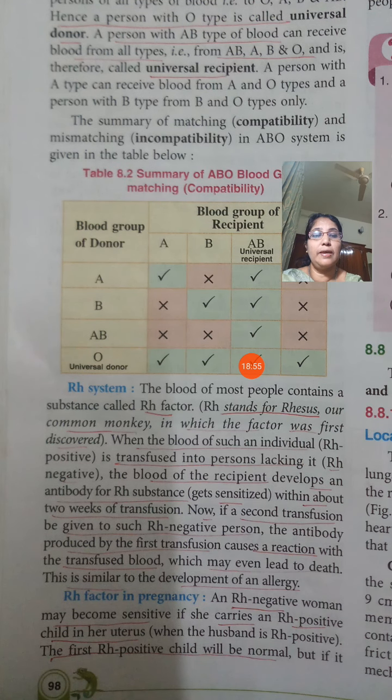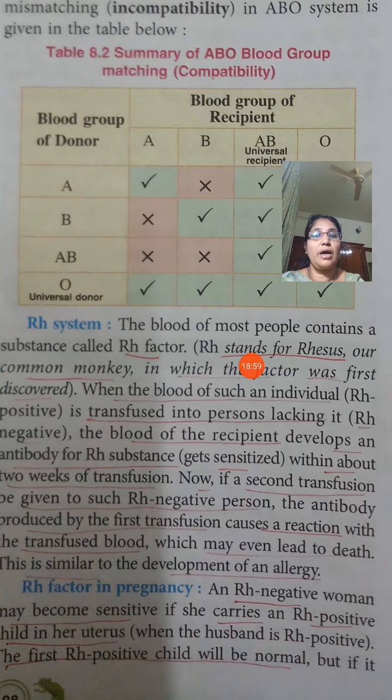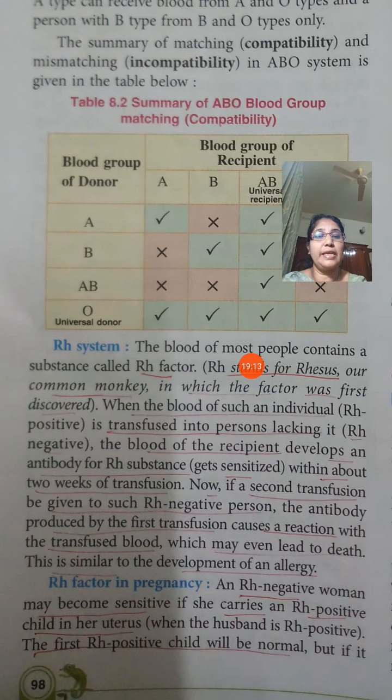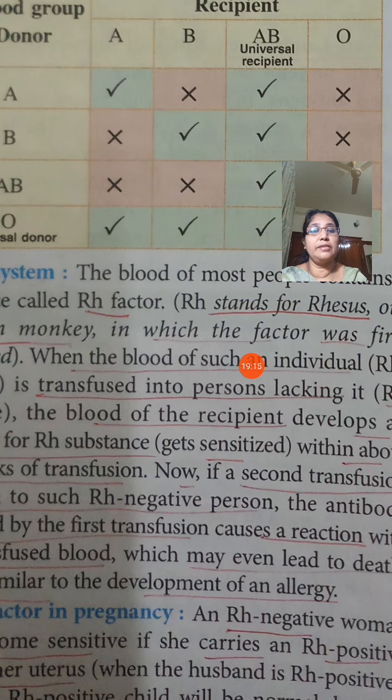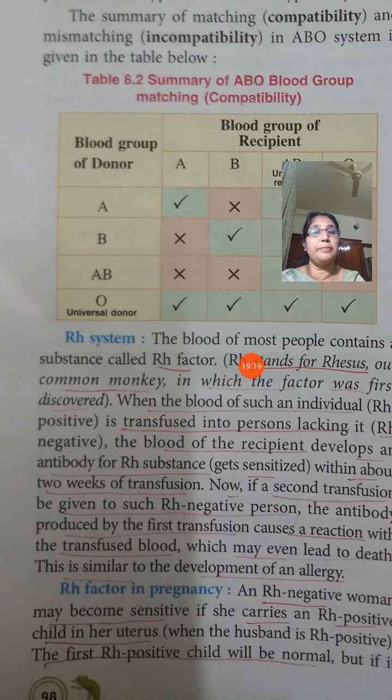Here you can see, if an RH negative recipient receives blood from an RH positive donor, that recipient gets sensitized to the RH factor and produces an antibody.